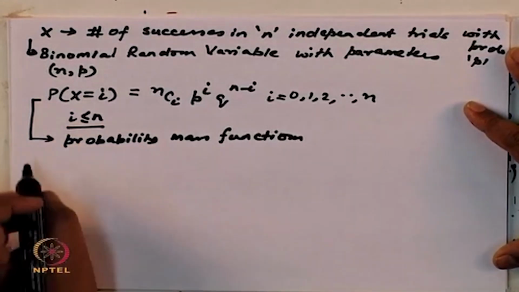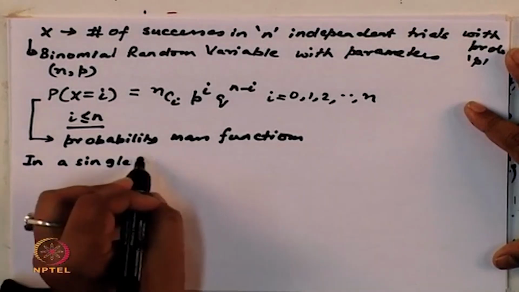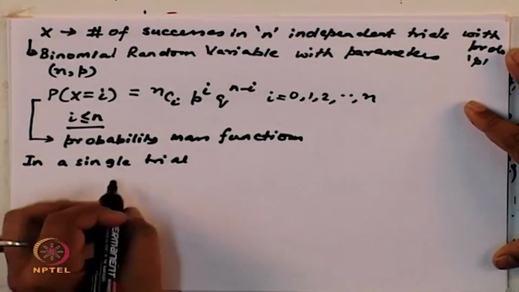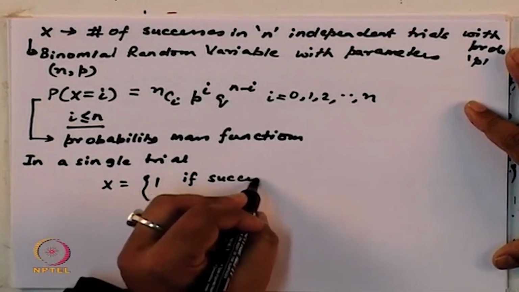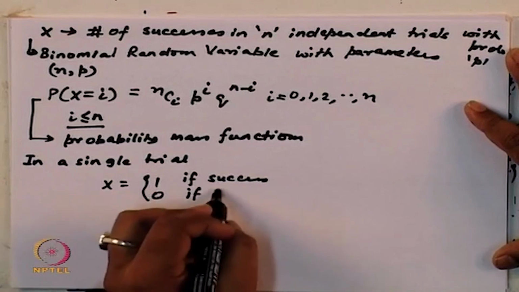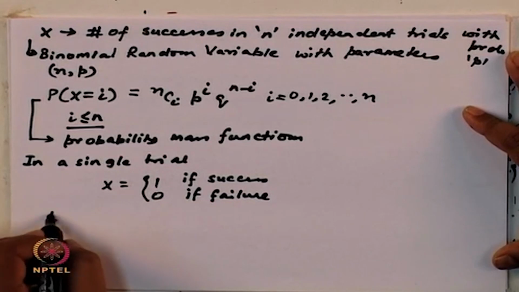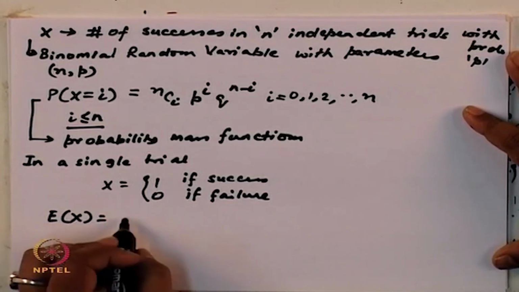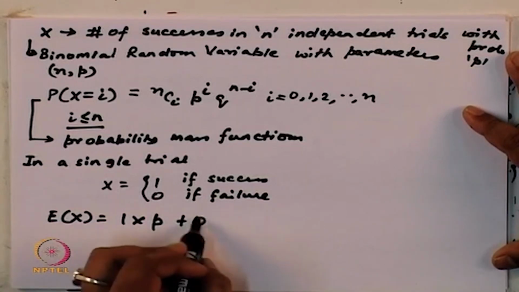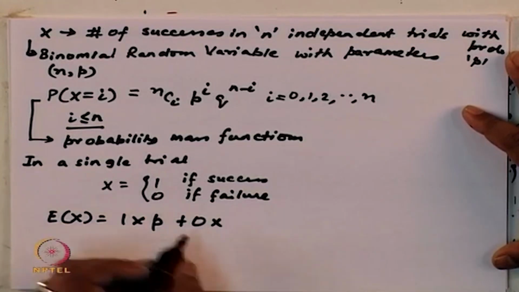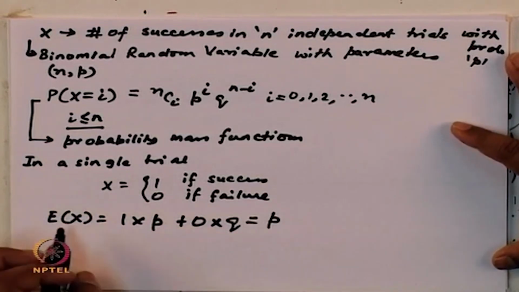Now in a single trial, let us say X equals 1 if success and 0 if failure. So what is the expected value of X? Expected value of X is 1 into probability of success, which is p, plus 0 into probability of failure, which is q, is simply equal to p.